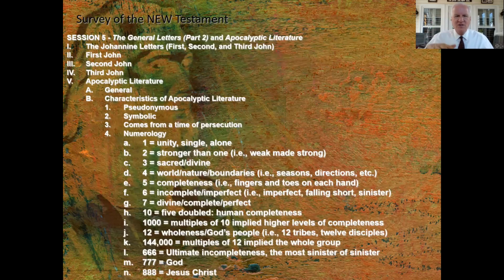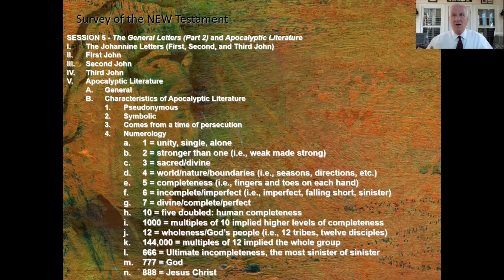And there are all these numbers that I've listed here for you and in the study guide. 1, symbolizing unity. 2, stronger than 1. 3, sacred, divine, the number of the Trinity. 4, refers to world, nature, and boundaries, seasons, and directions. 5 is completeness, the number of fingers and toes on each hand. 6 is incomplete or imperfect, falling short. 7 is divinely complete and perfect, and on and on.